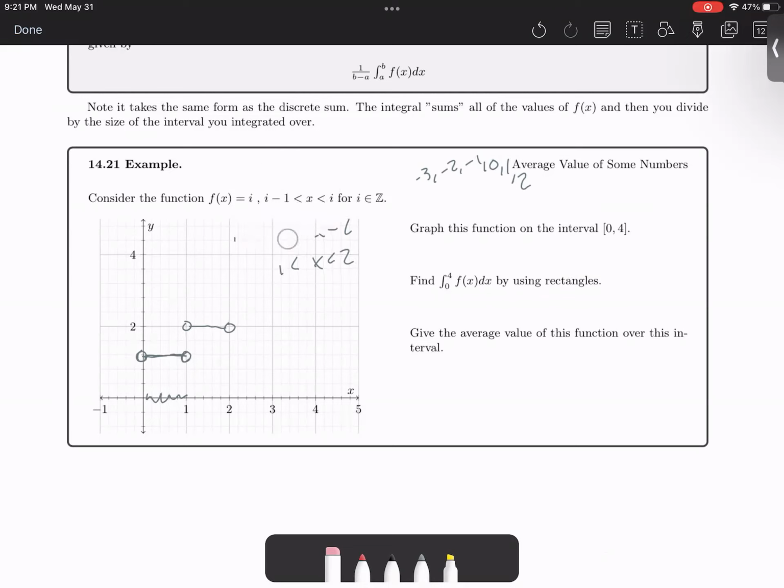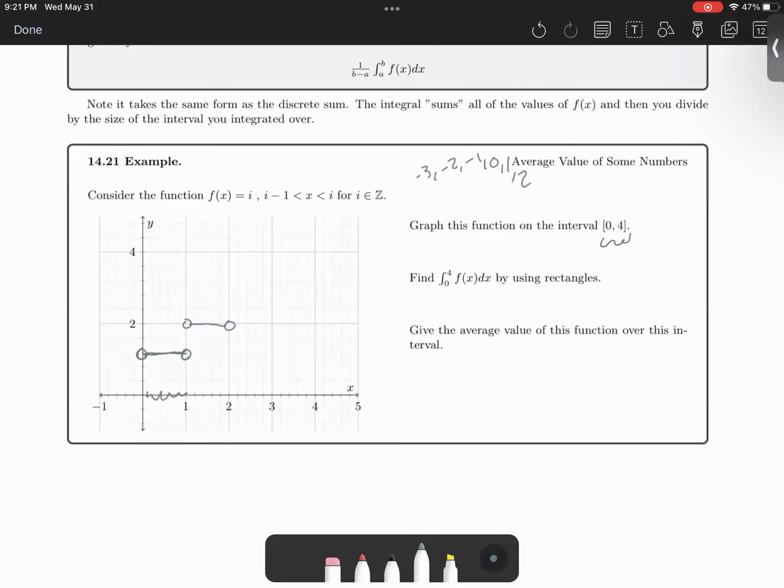And how far do I need to go? Over the interval 0 to 4. Okay, so we've been through i is 1, i was 2. Now what happens when i is equal to 3? 3 minus 1 is less than x is less than 3. So between 2 and 3, your i value is 3. And we've got one more. You can probably guess that it's going to return 4.